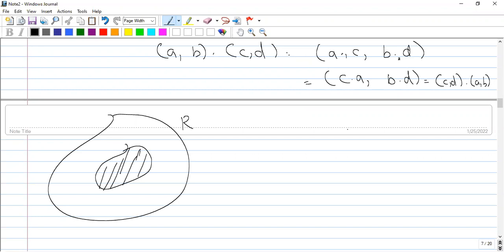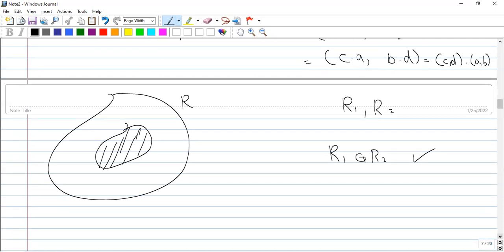Or sometimes we are interested in this: if R1 and R2 both have some property, will R1 direct sum R2 also have that property? For example, unity is such a property, because if both are rings with unity, then R1 direct sum R2 is a ring with unity. If both are commutative rings, then R1 direct sum R2 is a commutative ring.